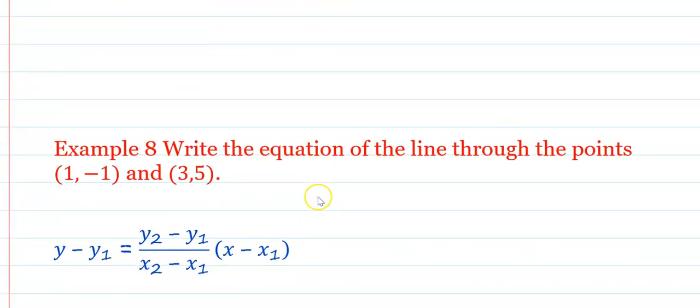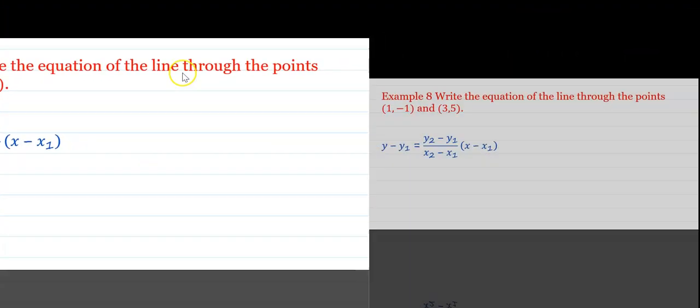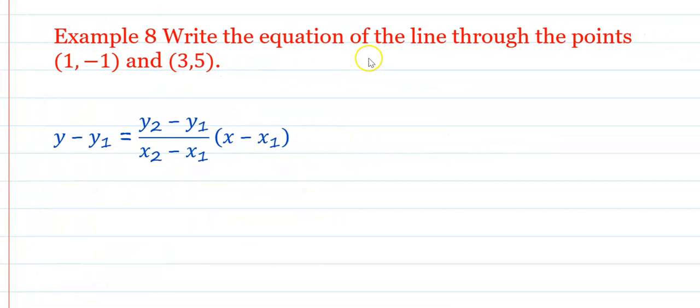Now the next, there is a problem. Write the equation of the line through the points (1, minus 1) and (3, 5). Here we treat the first point as x1, y1 and the second as x2, y2.